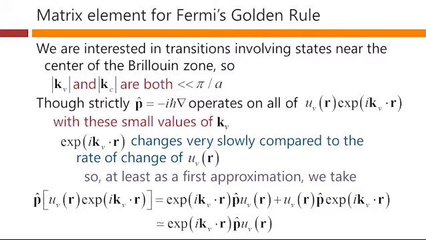But by assumption, this e to the i k_v dot r is not changing very rapidly, and so compared to this term here, this term is going to be very small. So we forget that term, and we're left only with this one term. That's an approximation, but as long as we're working near the center of the Brillouin zone, this approximation is going to work.